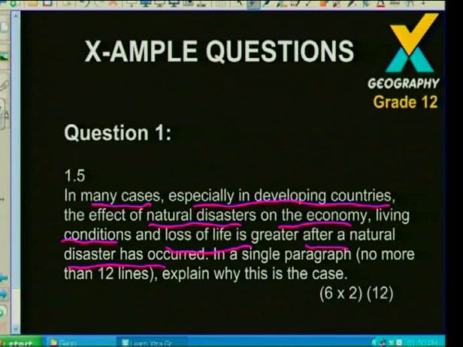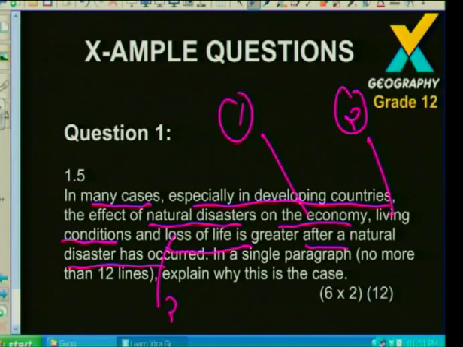In a single paragraph, explain why this is the case. This is a bit of a complex one, all right? Remember, economy is one, all right? Living conditions is two, okay?